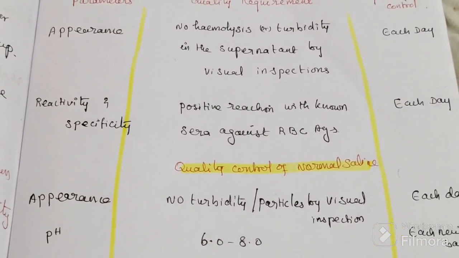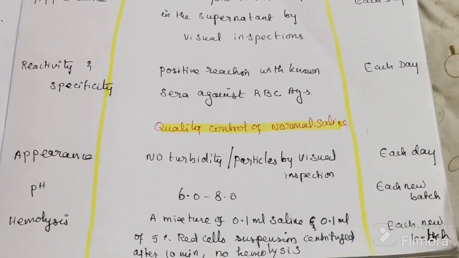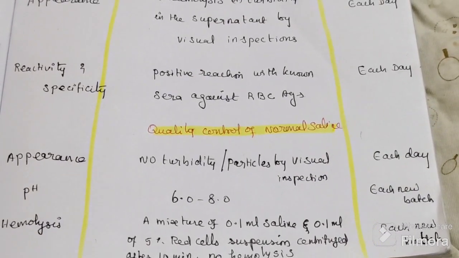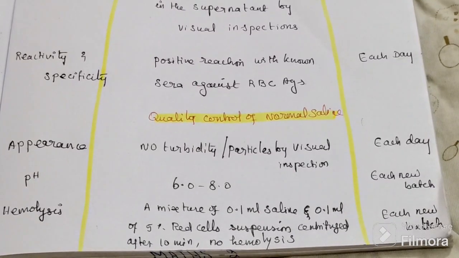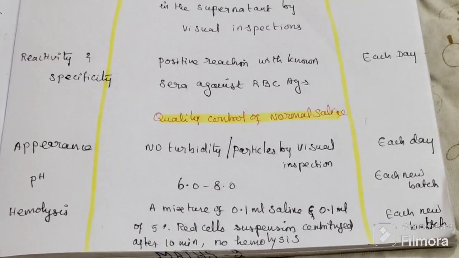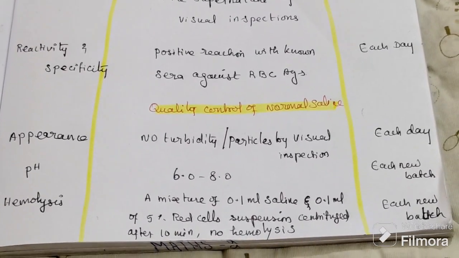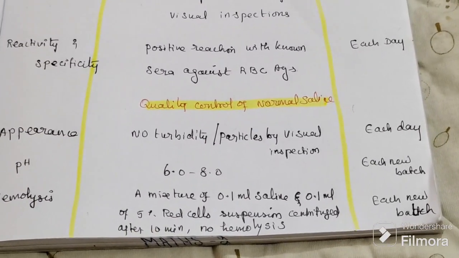Appearance: no turbidity, each day. pH 6.0 to 8, each new batch. Hemolysis: a mixture of 0.1 ml of saline and 0.1 ml of 5% red cell suspension centrifuged after 10 minutes, no hemolysis, each new batch.